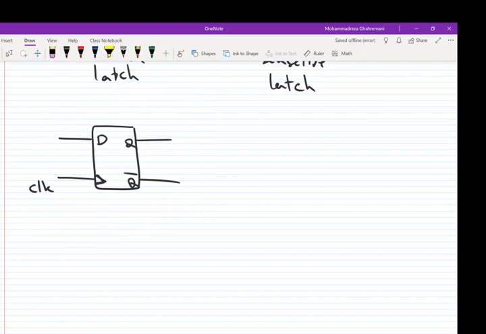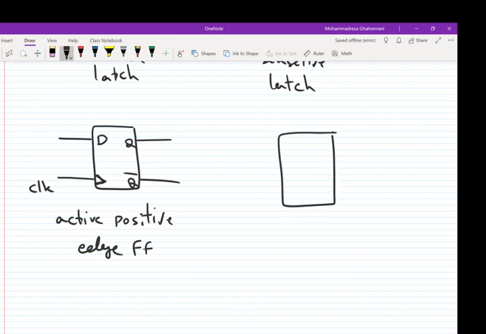So this one is an active positive edge flip-flop, or I can call it positive edge triggered, positive edge sensitive, rising edge sensitive. Different names, but all of them have the same meaning.